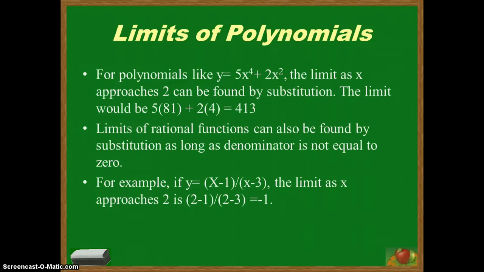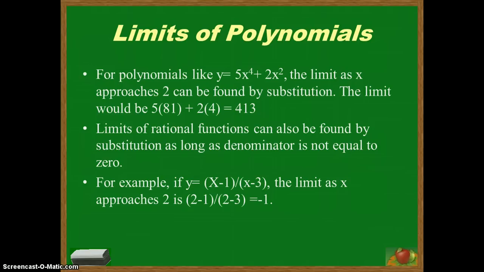So if we have one like y equals 5x to the fourth plus 2x squared, the limit as x approaches 2 can be found by direct substitution. Actually, that's a mistake. It would be 5 times 16 plus 2 times 4, and so that would be 80 plus 8, which would be 88.